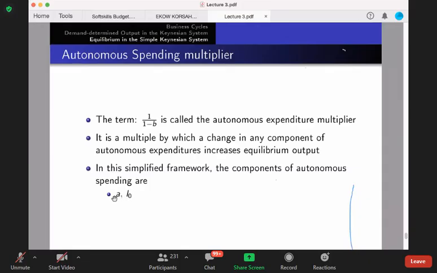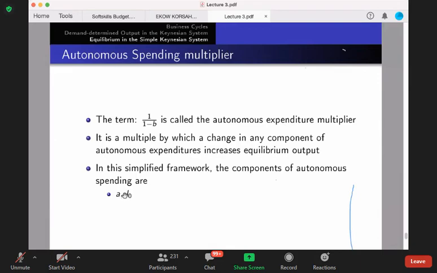So assuming b, the marginal propensity to consume, is equal to 0.2, what will be the multiplier? Guys, calculate it for me and let me see. It will be 1 divided by 0.8. Type the answers and let's see.